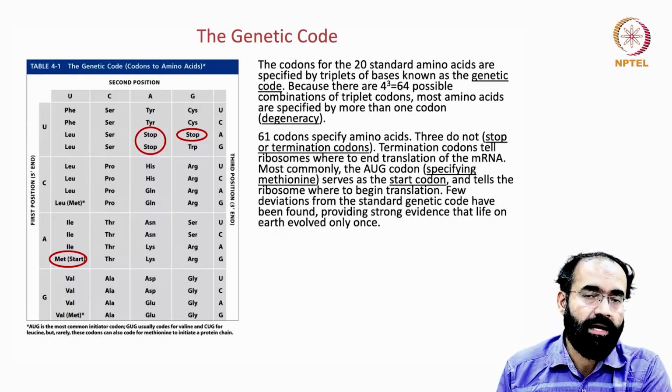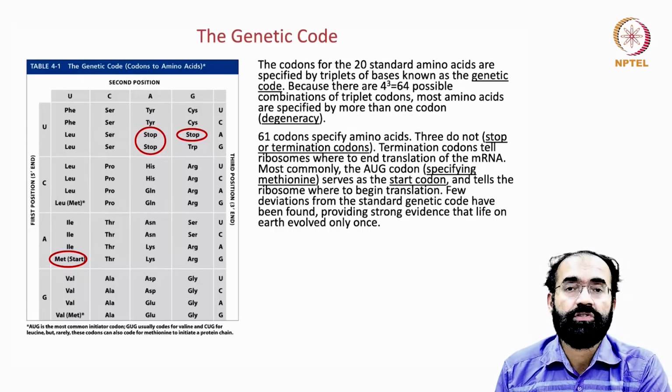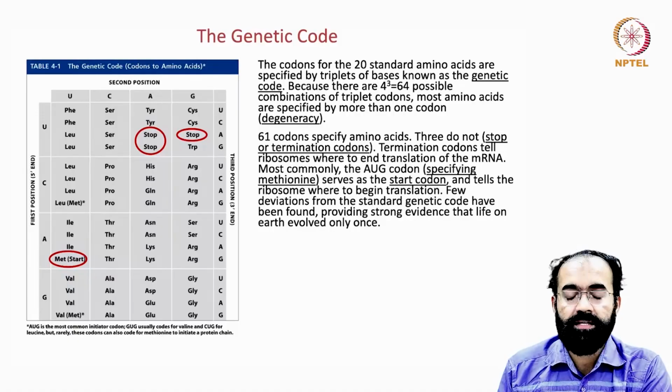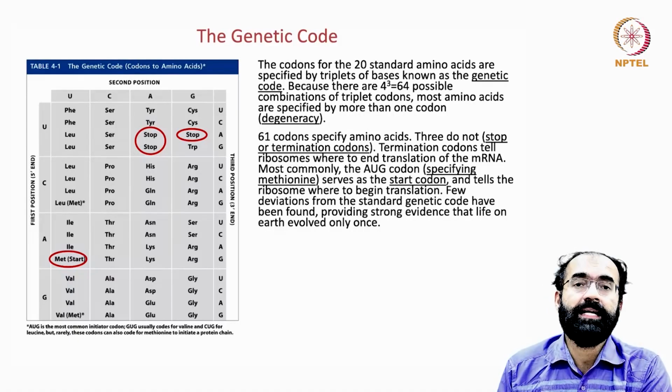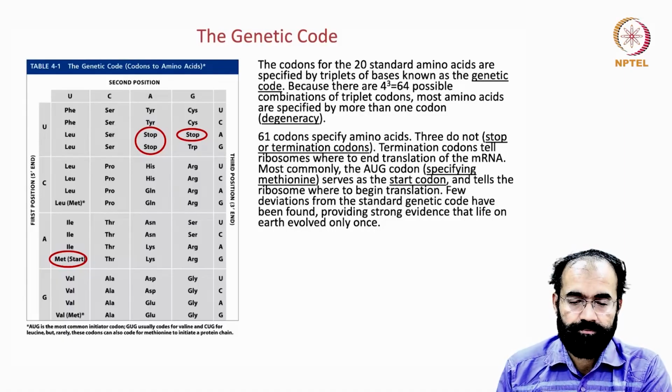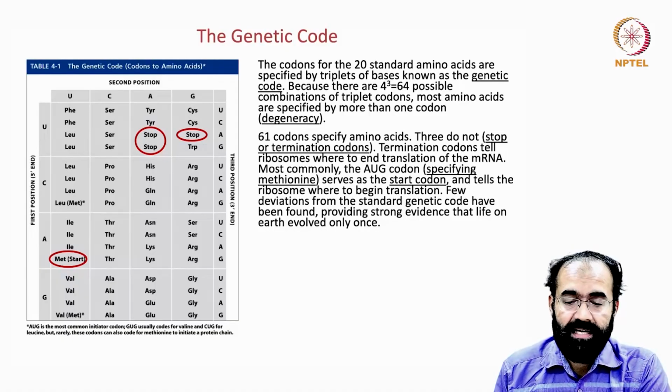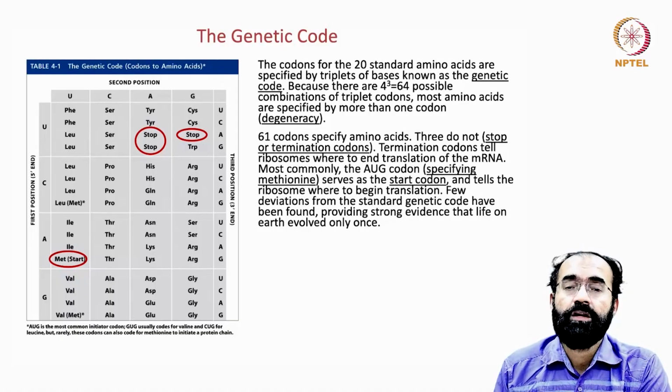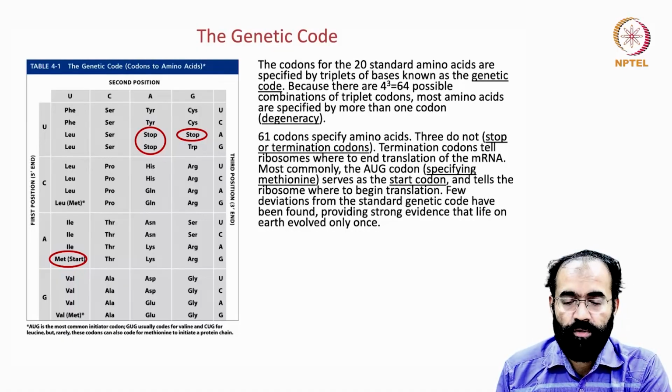And Hargobind Khorana is one of the Indian origin scientists who contributed significantly to the discovery of the genetic code, and he was awarded the Nobel Prize. Because there are 4 bases and you group them into 3, 4 raised to 3 is equal to 64. Basically 4 into 4 into 4 possibilities are there.